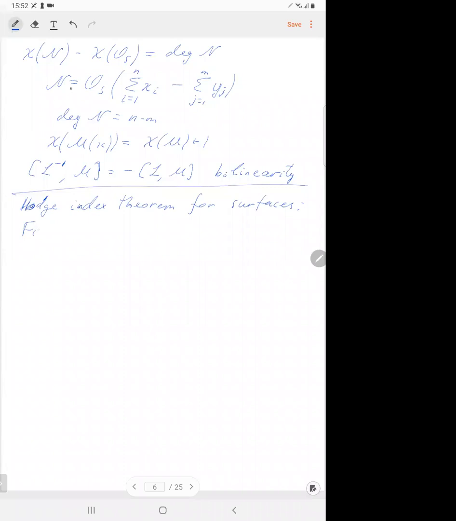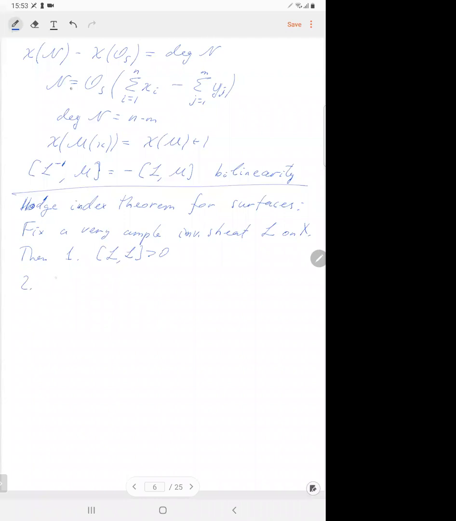So fix a variable invertible sheaf L on our surface X. Then two things. First, the pairing of L with itself is positive.